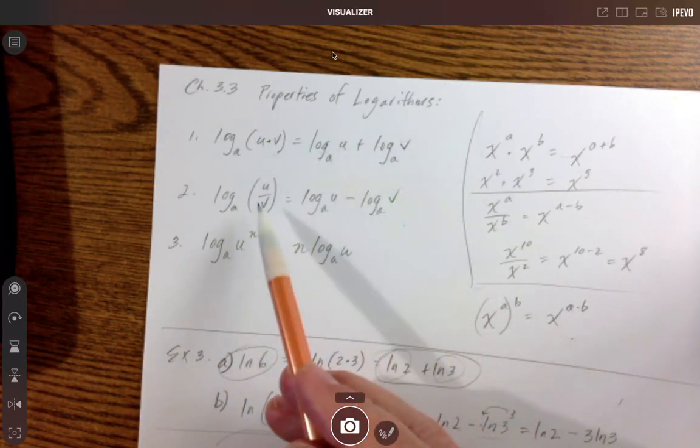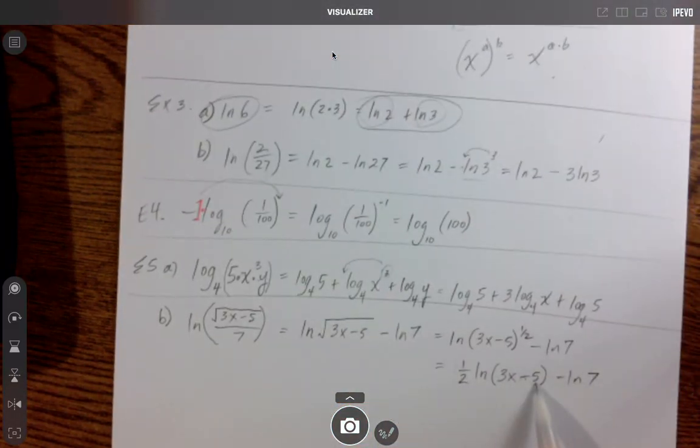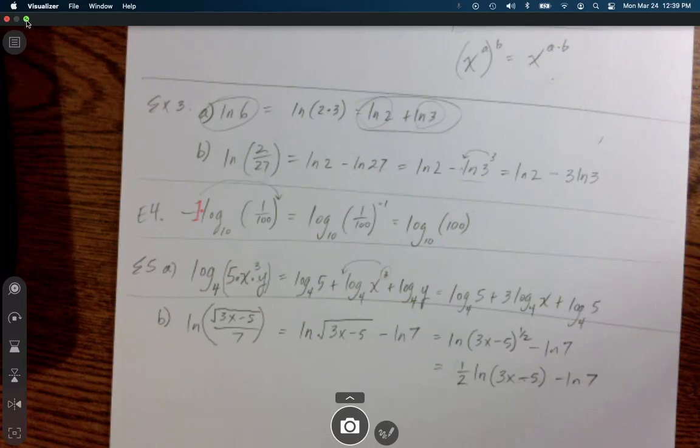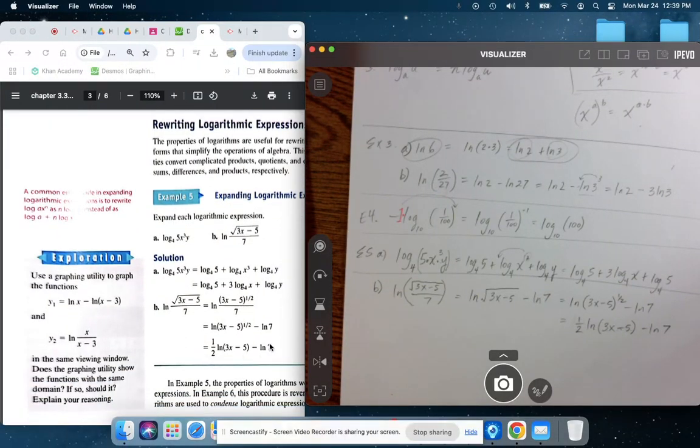So all these do go in reverse. But this is not two separate logs, right? This is one log of this minus this. So that's as far as we can go with that. And make sure the book agrees. Right, there's the answer from the text, so that's correct.